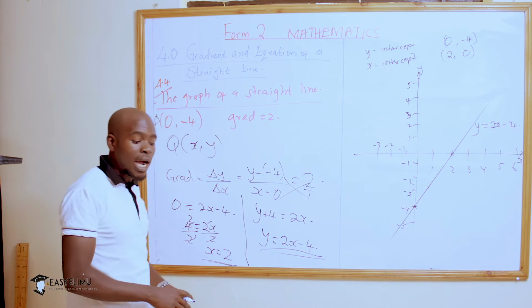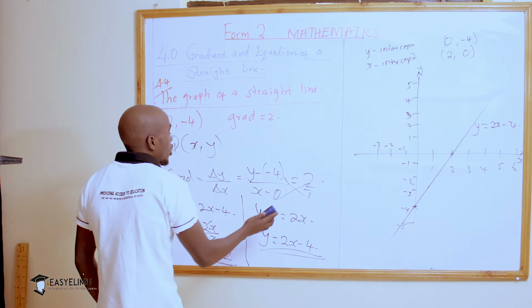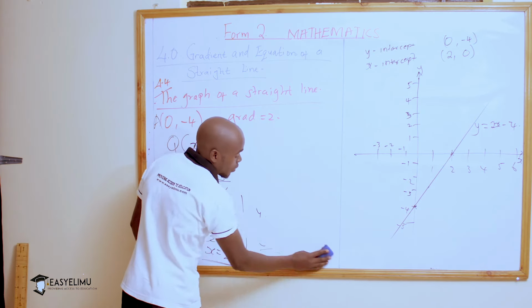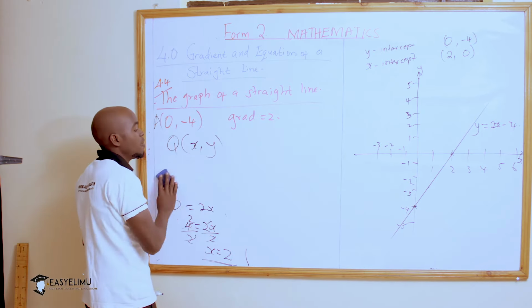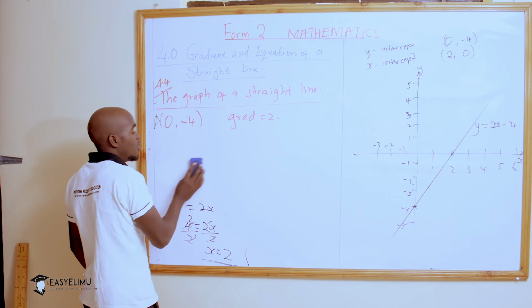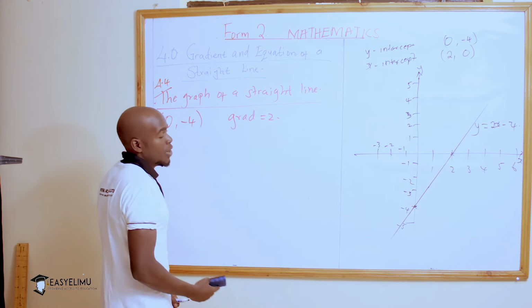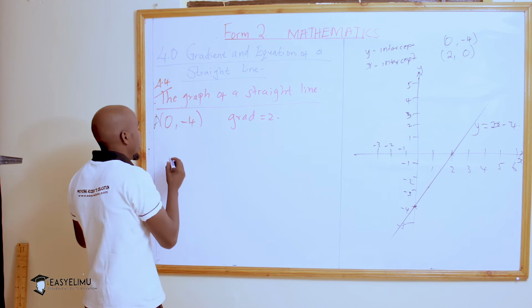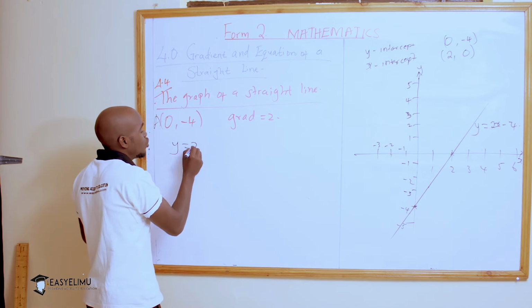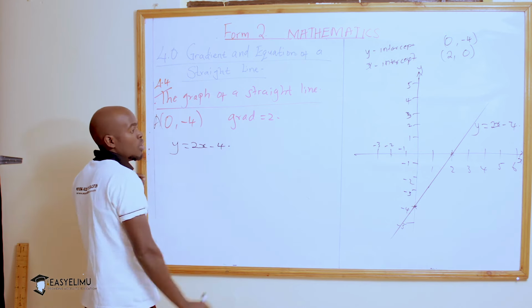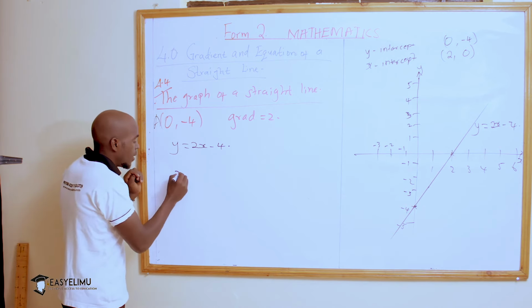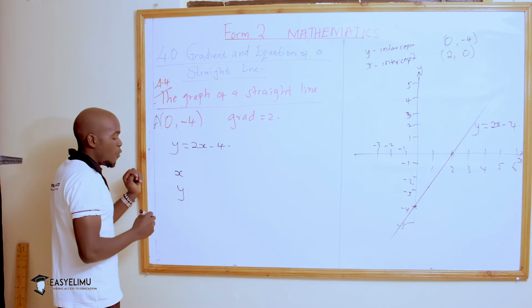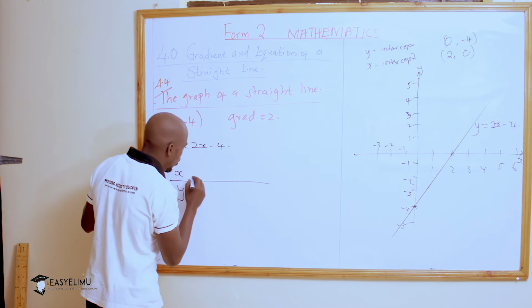But you can still work out the corresponding values of y to chosen values of x. Since we have the equation of the line as y equals 2x minus 4, you can work out the corresponding value of y for each chosen value of x.